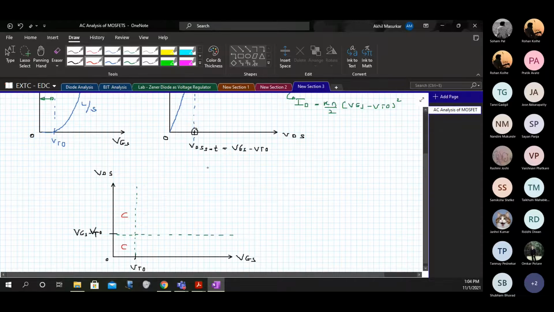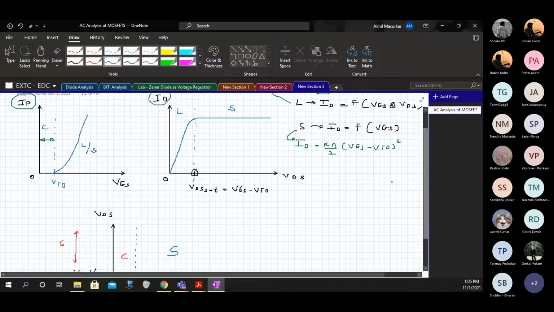So if VGS is in this, then if VDS is in this region, then it is linear, and here it is saturation. So here I will write, this is going to be the linear region, and here this is going to be saturation. Now in linear, what can you observe?